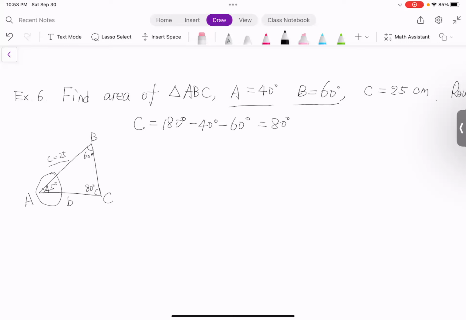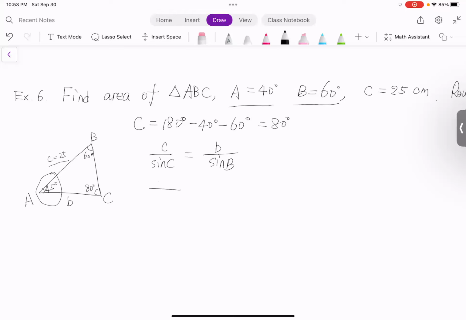Can you find the length of the side B? Yes, I can, because I know the law of sine. If I have the given information C over sine C, I know it is B over sine B. Put the information in the formula.